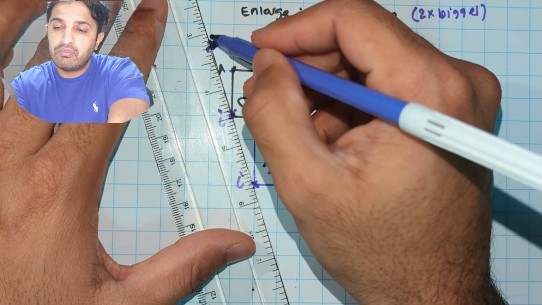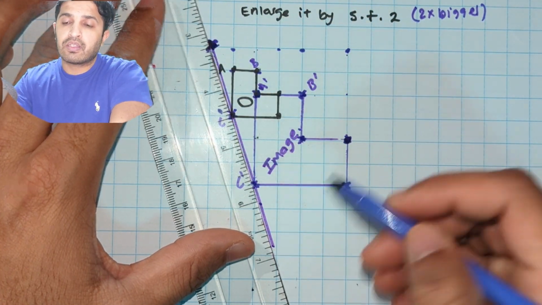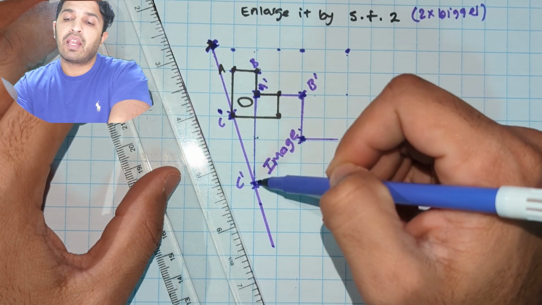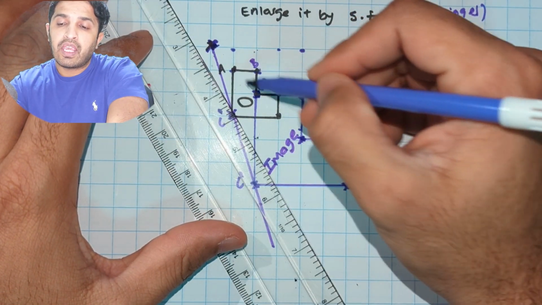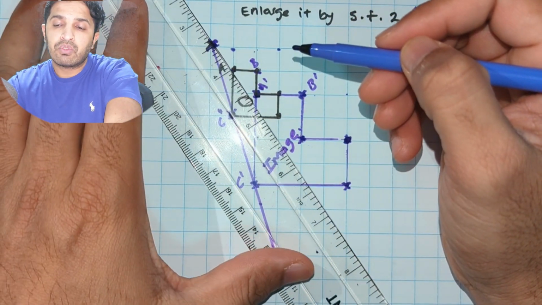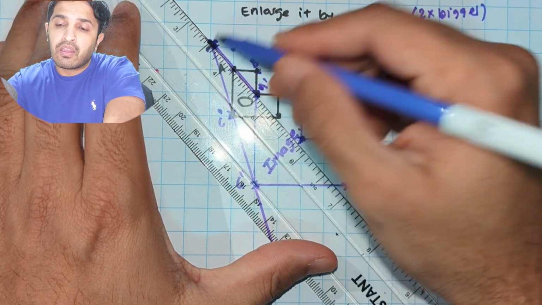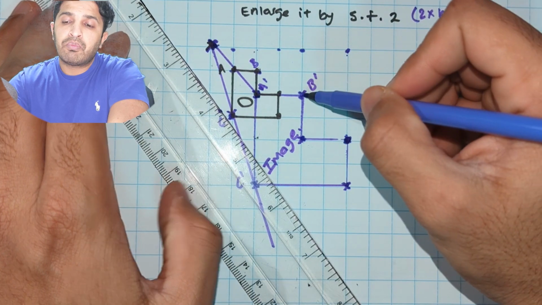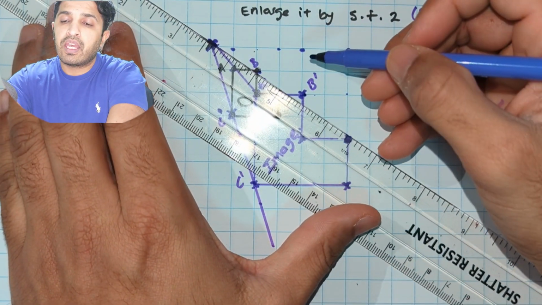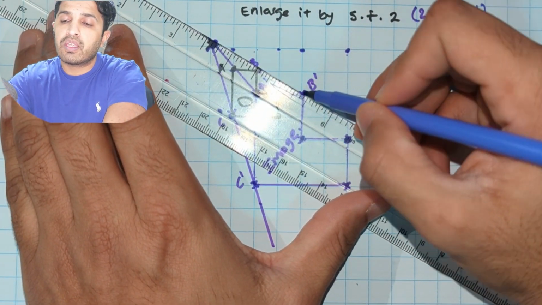So when you join them up, that would be in a straight line. Your A and A prime would be in the same straight line with the center. B and B prime would be in the same straight line from the center if you join them up.